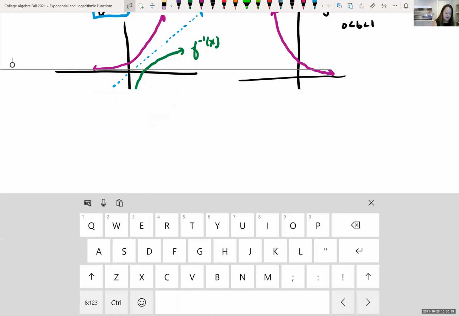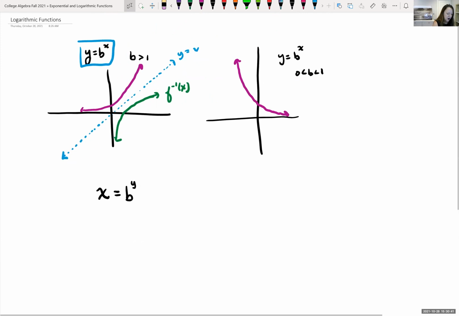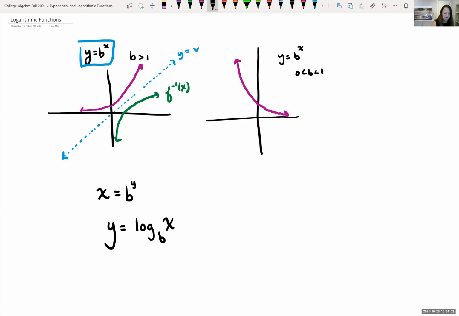This is saying that y is equal to the logarithm, which we denote by log, of the same base as our exponential, b, of x.